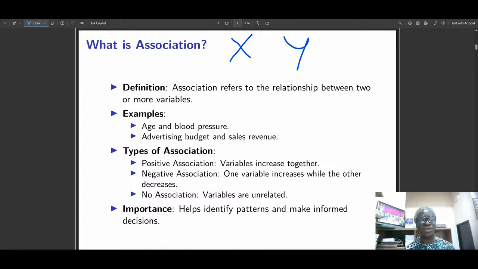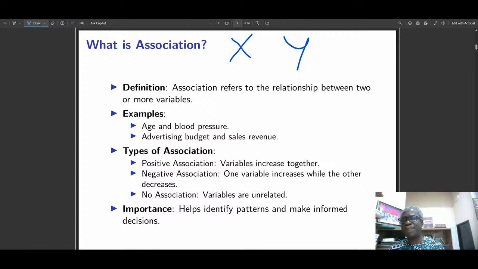But our discussion will focus more on the two variable situation. So, what are the types of association that exist? They are basically categorized into three. The association could be positive, negative, and there may be no association.